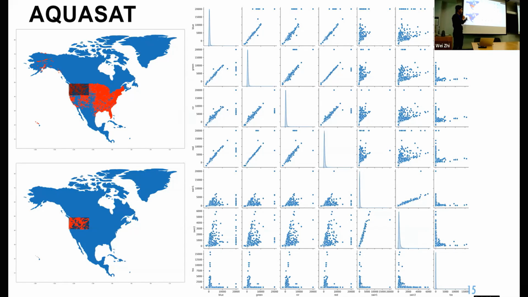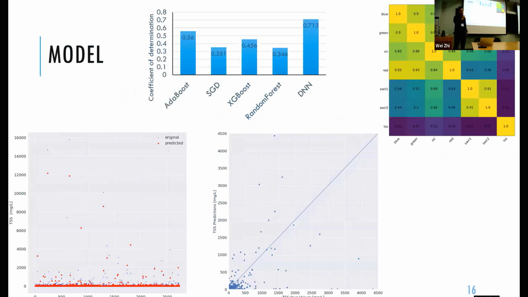So we basically took that data and we trained it only on the Western US, that black bounding box you see. And the figure to the right just shows the distribution of different bands with respect to suspended sediment and themselves.